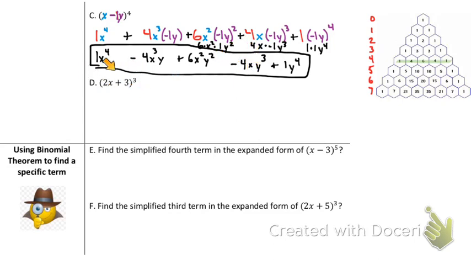Go ahead and do example D. And in example D, I want you in Google Classroom to give me the coefficient of the second term. Put that in our comment section. So again, I want the second term's coefficient for example D.